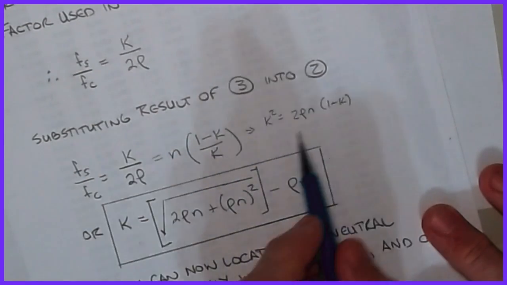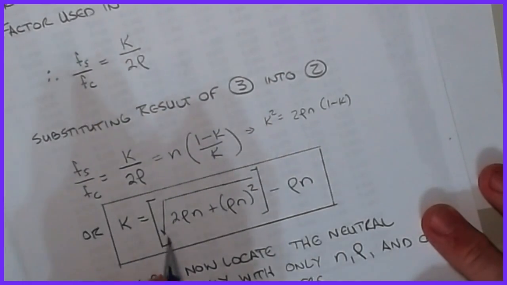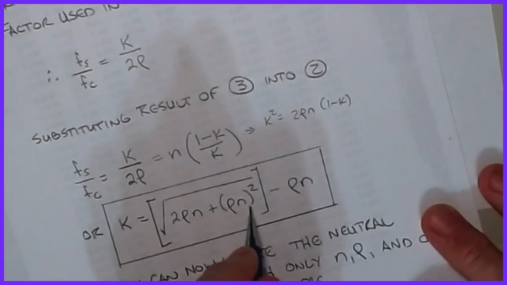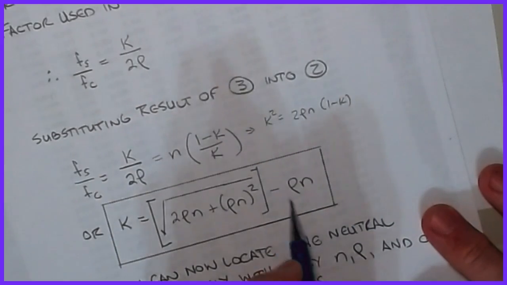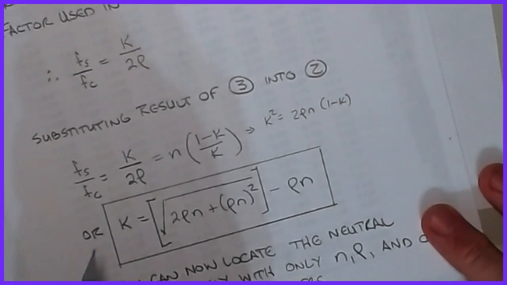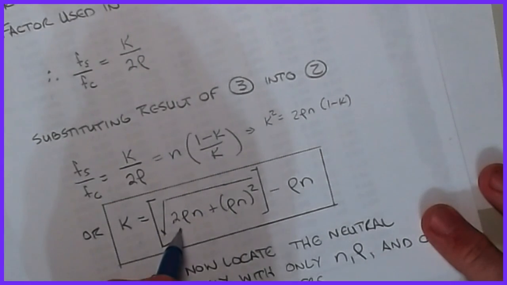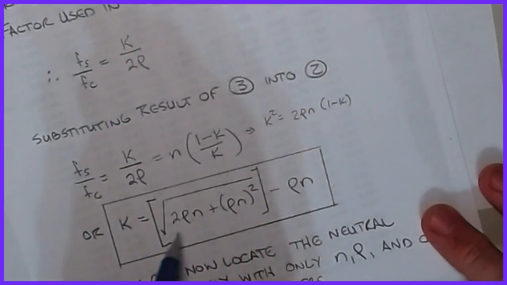Okay, and that K will be this kind of ugly function: the square root of 2 rho N plus rho N squared, all under the square root sign, minus rho times N. But look at what we just did. I took a whole bunch of unknowns coming out of an elastic flexural stress block, and I turned it into an equation with a constant, a rho, which is a constant, an N, which is a constant, and nothing else.